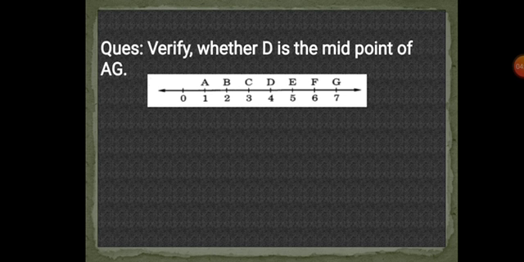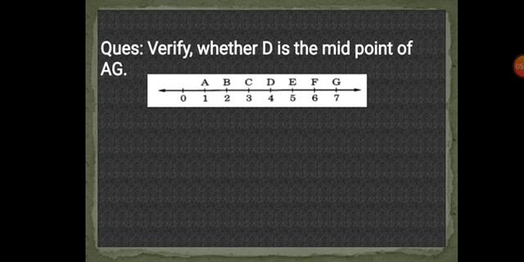Here we have a number line on which we have numbers from 0 to 7 and starting from number 1, the letters are placed as on 1 we have A, 2 is B, 3 is C, 4 is D, 5 is E, 6 is F and 7 is G. So we have to find whether the distance between A and G is divided into two equal parts by D. Only then will we be able to prove that D is the midpoint of AG.